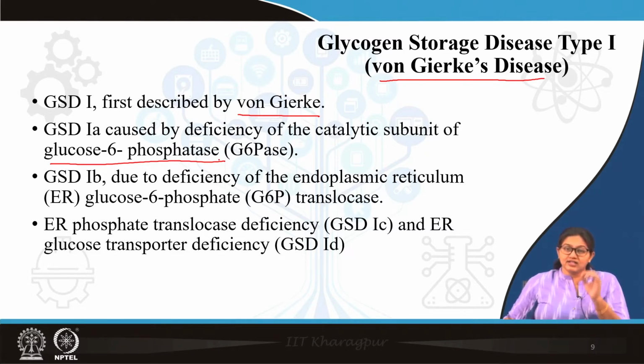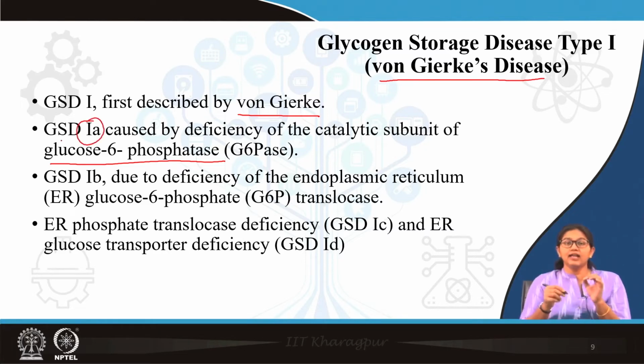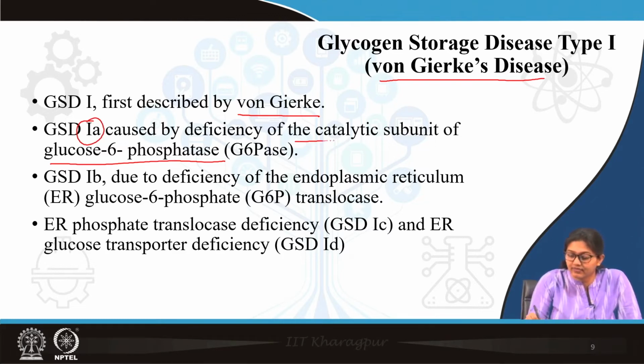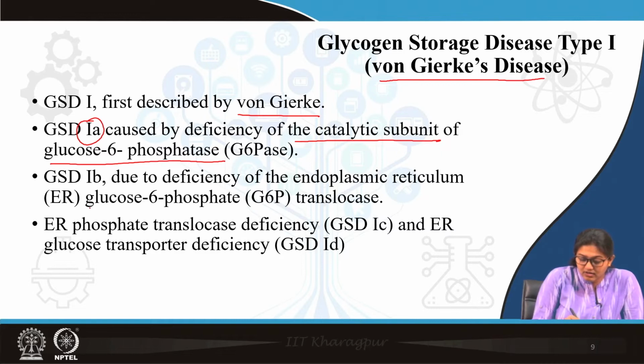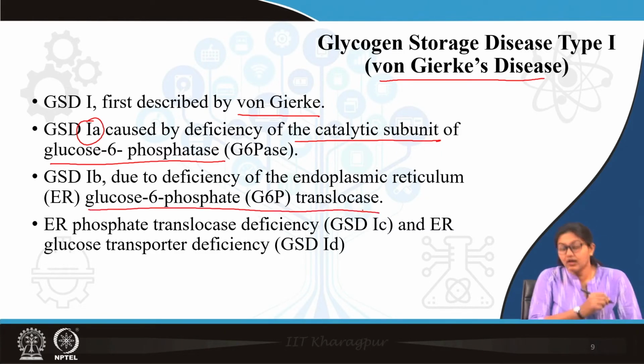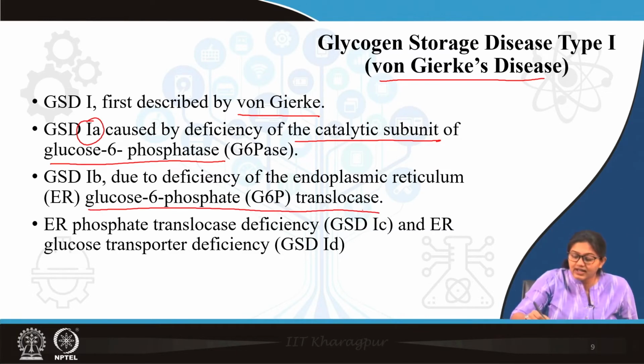Apart from that, this is type 1A, where the catalytic subunit of this enzyme is directly deficient, whereas in type 1B there is deficiency of a translocase, the glucose 6-phosphate translocase, which is present in the endoplasmic reticulum.